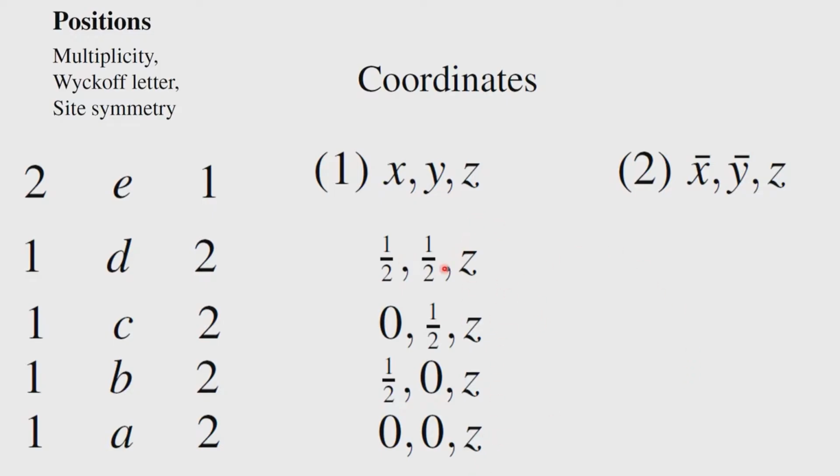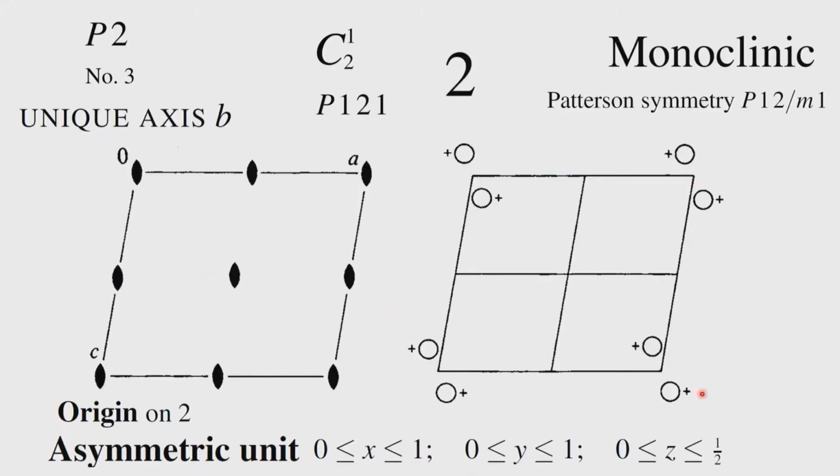So, this is something which should be seen down the y axis, so I will correct it. This should be half y half, and 0 y half, then half y 0, and then 0 y 0.